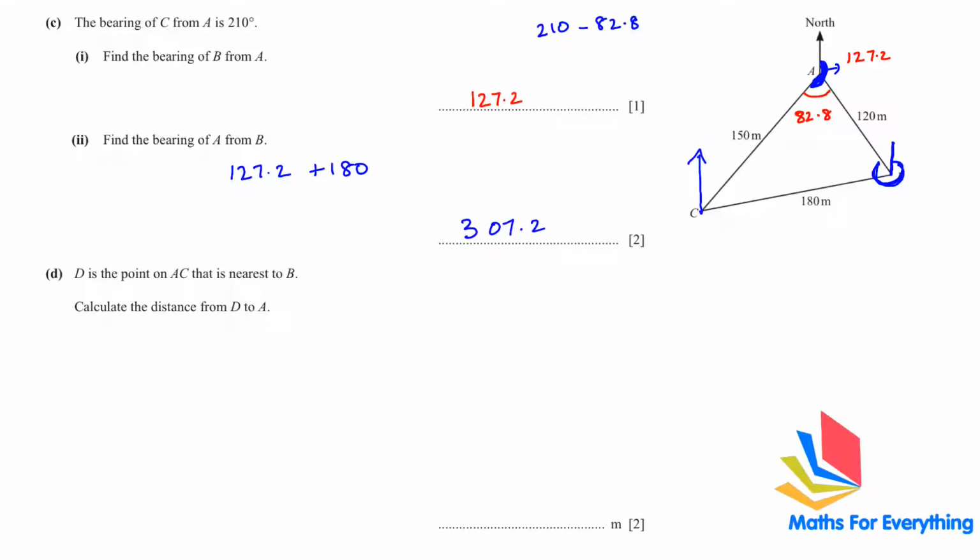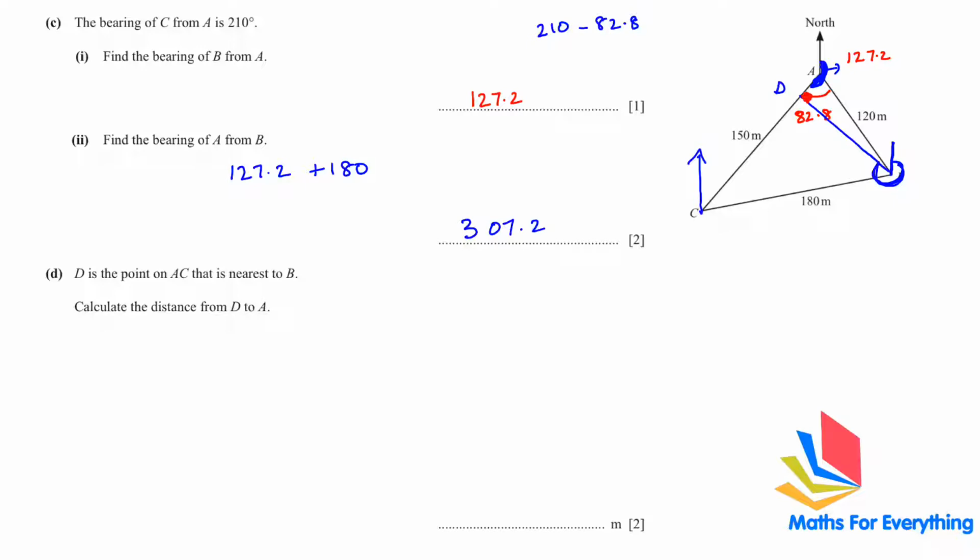Next, D is the point on AC that is nearest to B. Calculate the distance from D to A. So this is the shortest distance. The shortest distance is perpendicular, and D is here. Perpendicular means it's 90 degrees. Because it is 90 degrees, we can use trigonometry.